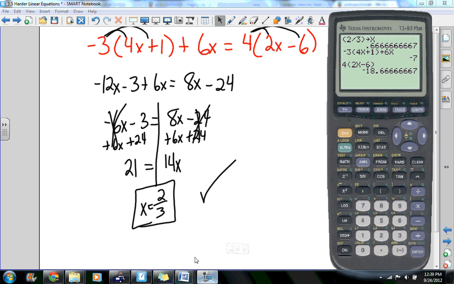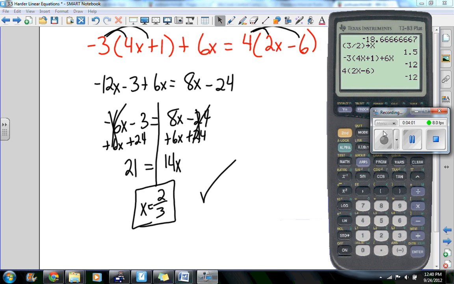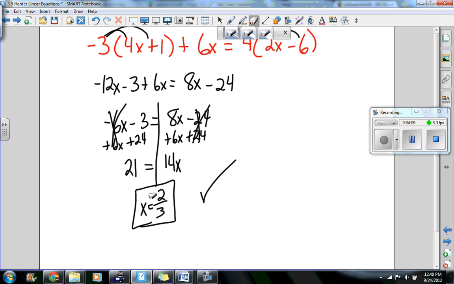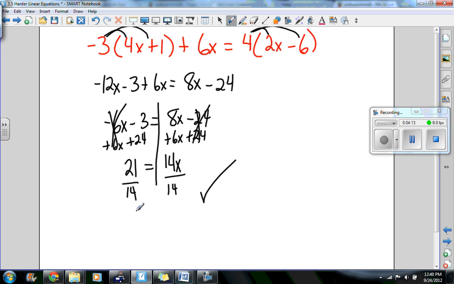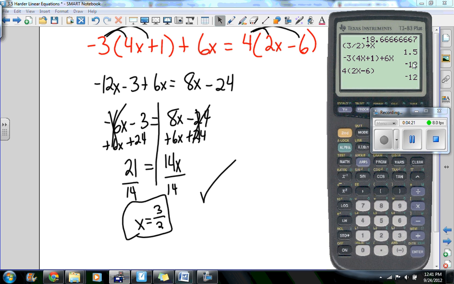Just a second, let me pause it quick, see if I can find it. All right, I found my mistake. It's not 2 over 3 here, because I'm dividing by 14 on both sides. It's x equals 3 over 2. And I did check my answer, and it did match up.